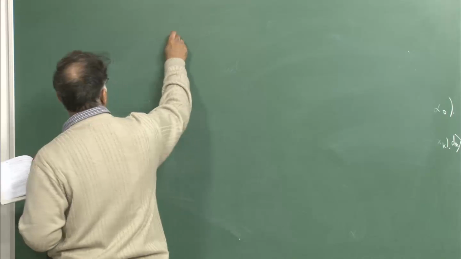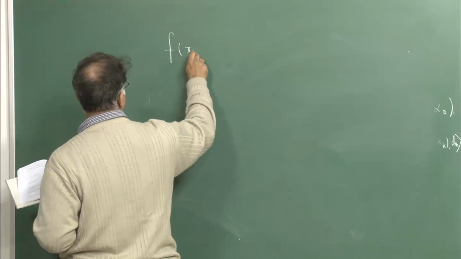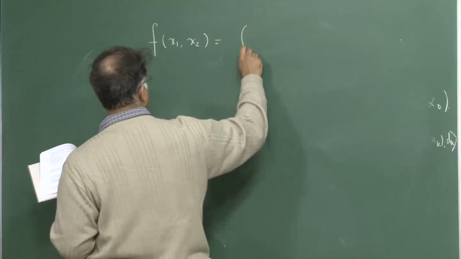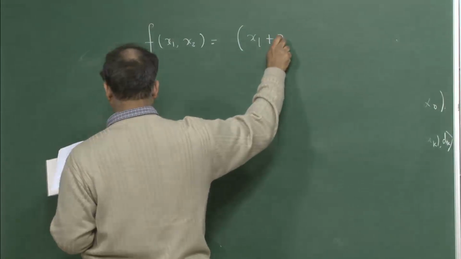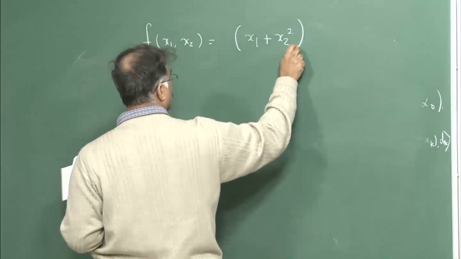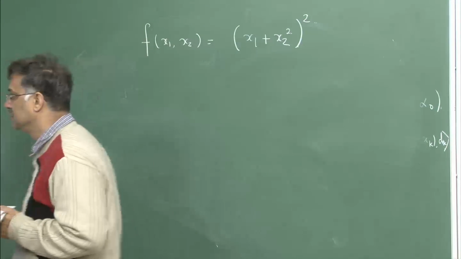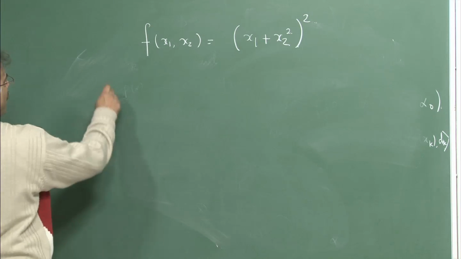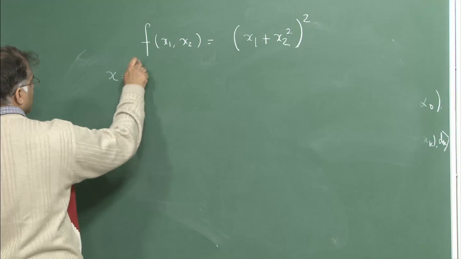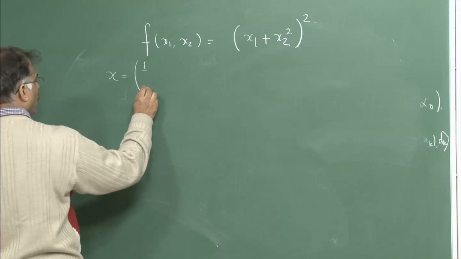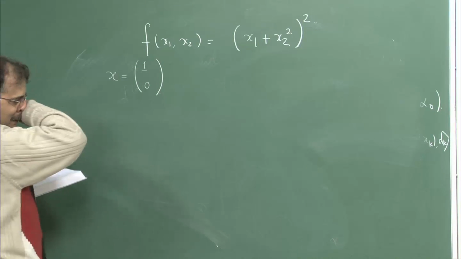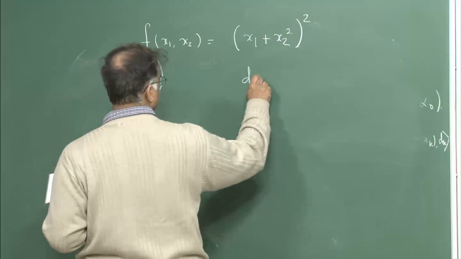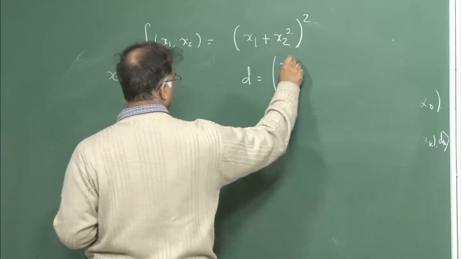You take a function of two variables, which is x1 plus x2 square, whole square, and we are taking the point x as (1, 0), and they are giving us a direction d as (-1, 1).